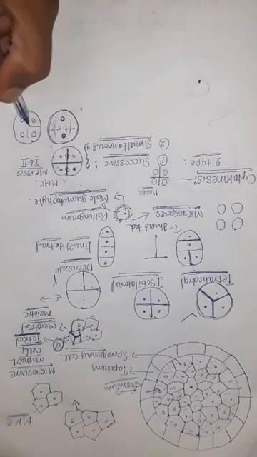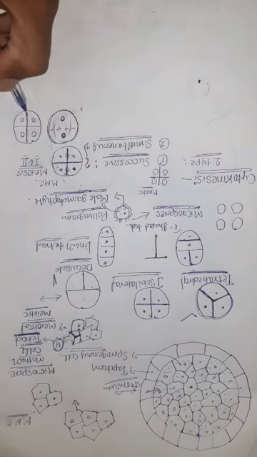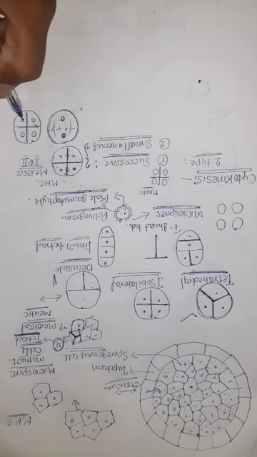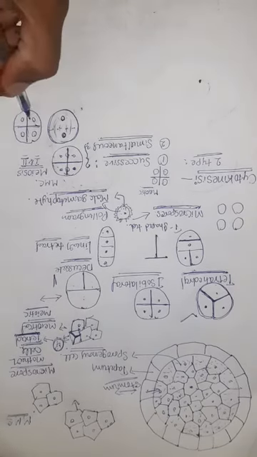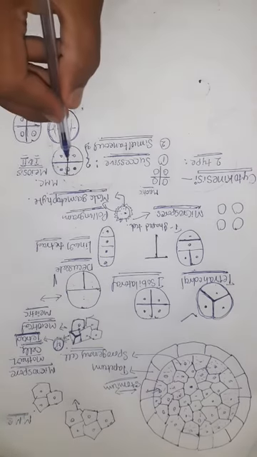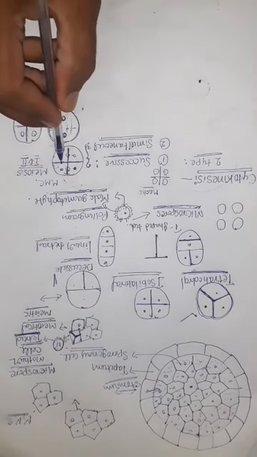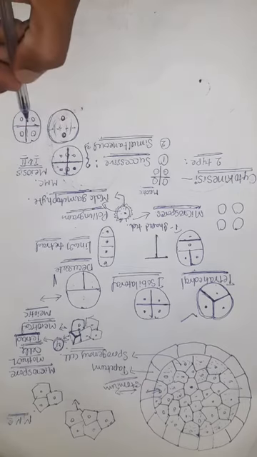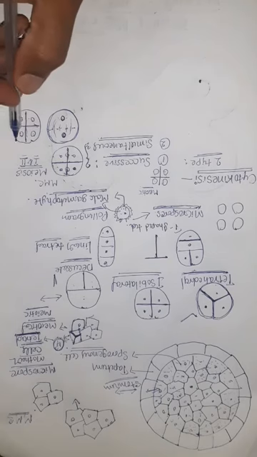Finally we see the wall formation, so that we get 4 cells. Here also 4 cells, but the difference is whether the wall forms immediately after the first meiotic division or after the second division. That is the basic criterion.